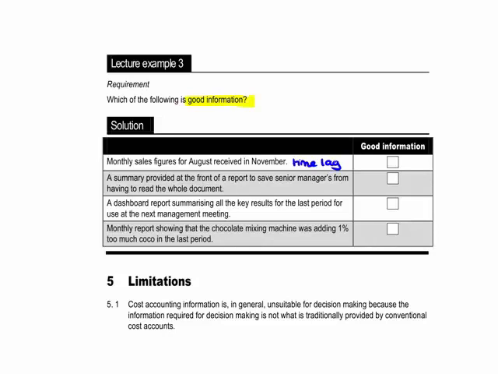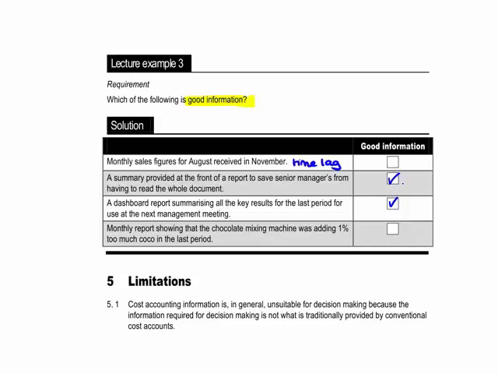Well, this would be good information because it has a valid use and hopefully it's going to be a detailed summary for the purpose. A dashboard report summarising all of the key results for the last period to be used at the next management meeting. Well, again, that seems to be very good because it's only from the last period and it's summarising the key results, so hopefully they're all included.